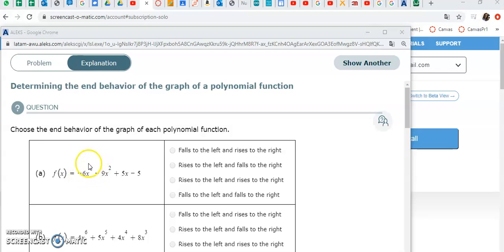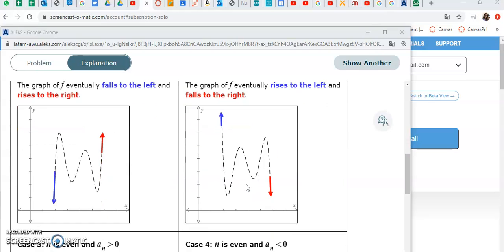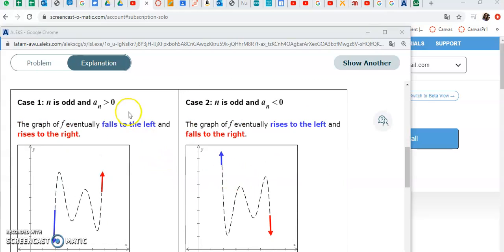So when we have an odd number in the degree and also the leading coefficient is negative, remember, dear students, the behavior is rising to the left and falling to the right. Let me show you the explanation that we have here in Alex.